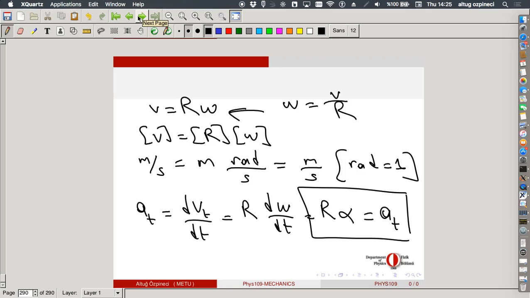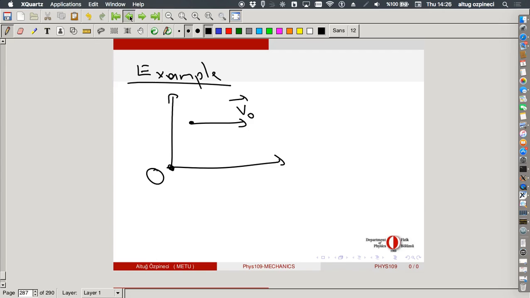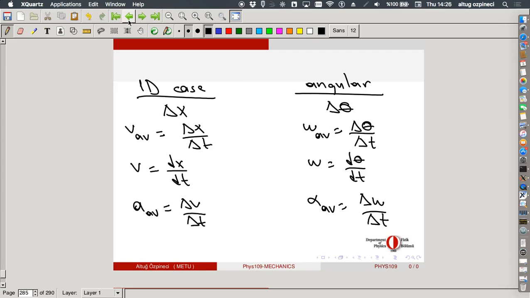So why do we call it angular velocity? I know angular velocity is a rate. So why do we call it angular velocity if it's just a value over time? Now, you see, the angle doesn't have a unit. And the rate of change of the angle is what we call the angular velocity.